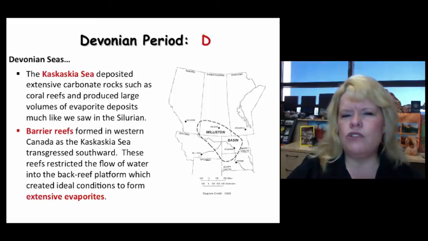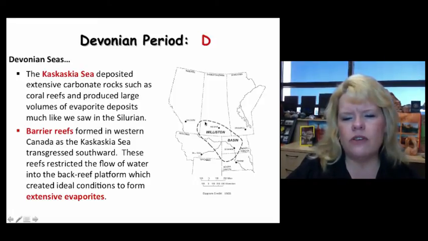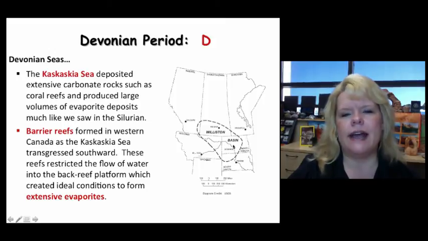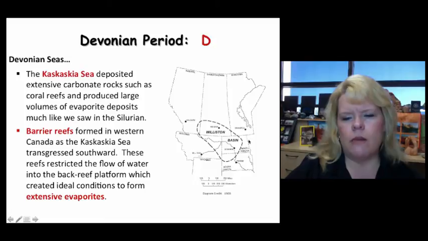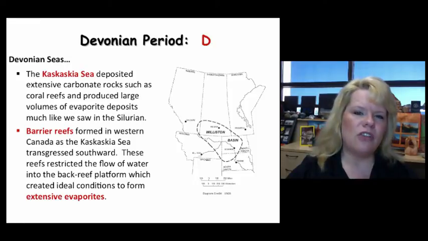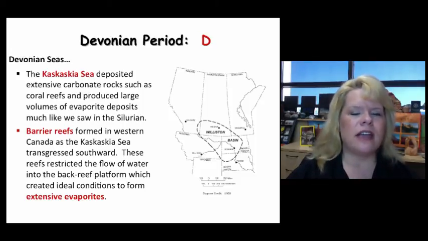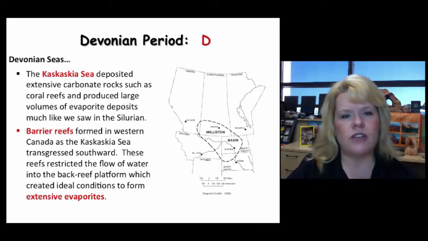So these reefs restricted the flow of water into Williston Basin, which represents a large geographic area covering parts of the northern Midwest and the southern part of Canada. These reefs would have grown around this boundary where I'm moving my marker, and they would have blocked out the water just like we saw in the Silurian, allowing water to get trapped in the Williston Basin as the Kaskaskia regressed off of the continent.